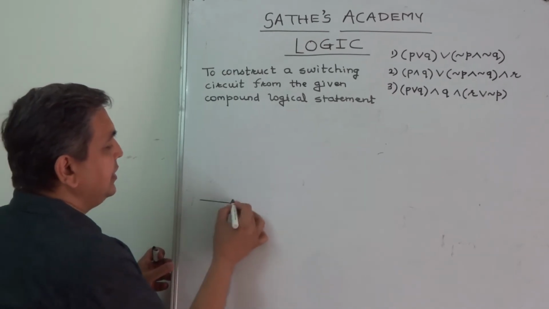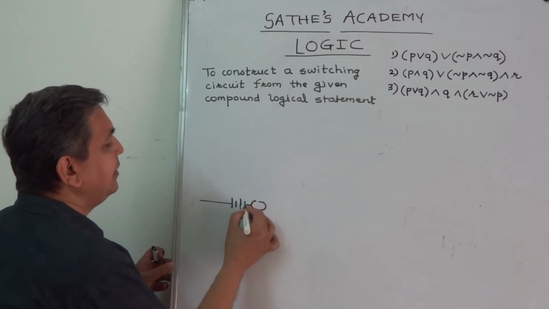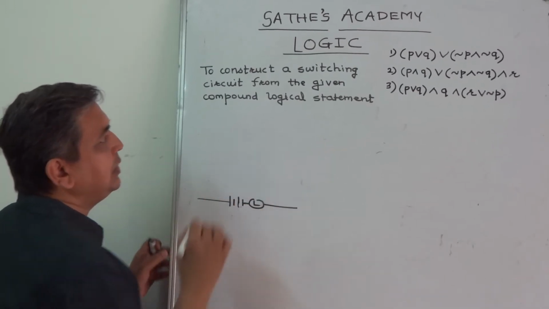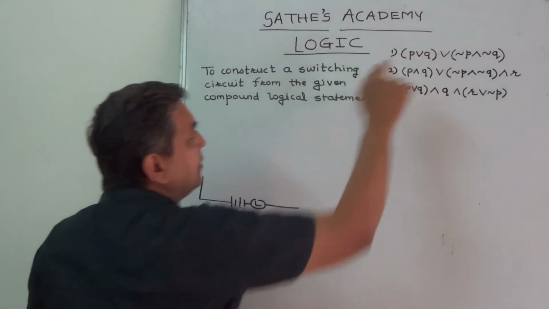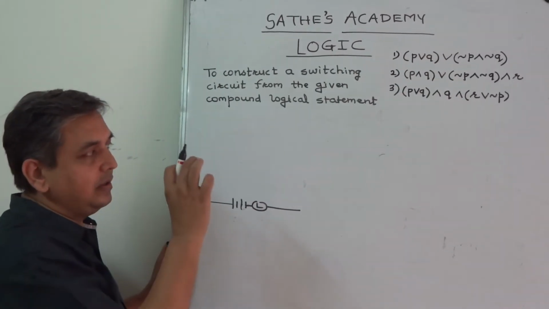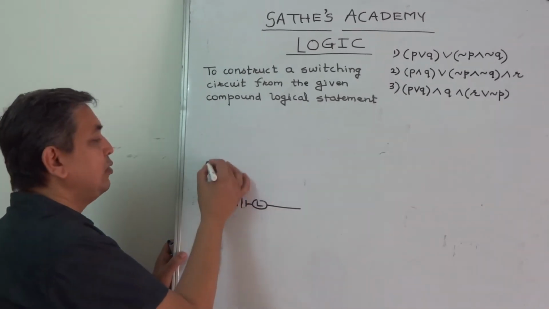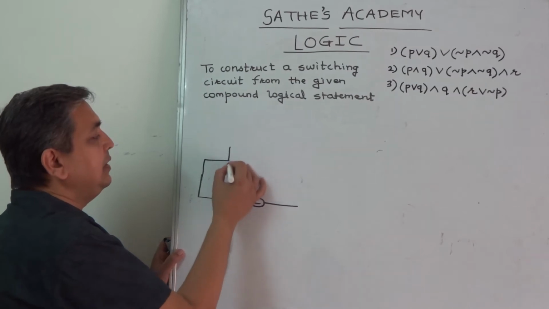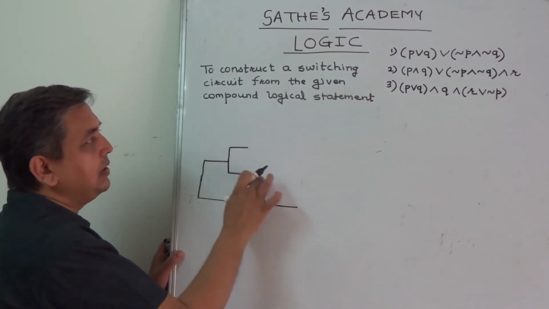Now how to construct this? So this is a battery and the bulb as usual. Now here in the circuit there is OR. OR stands for parallel. So we have something in parallel, either this or this.